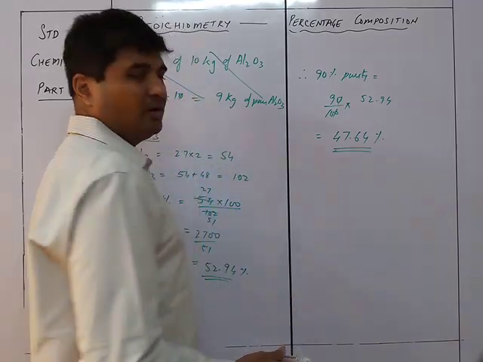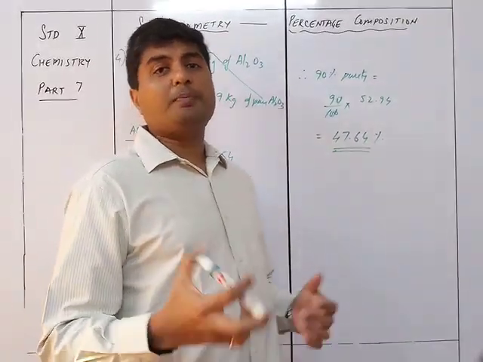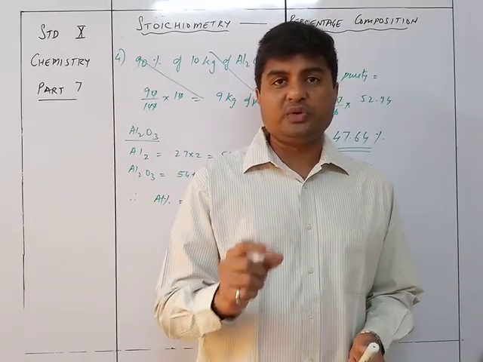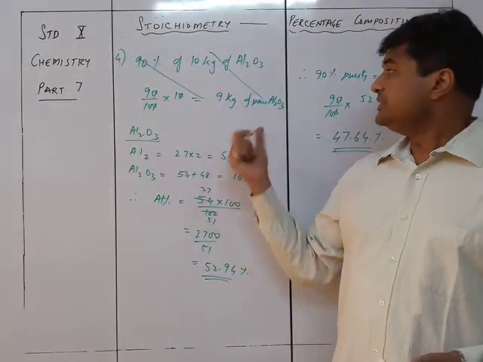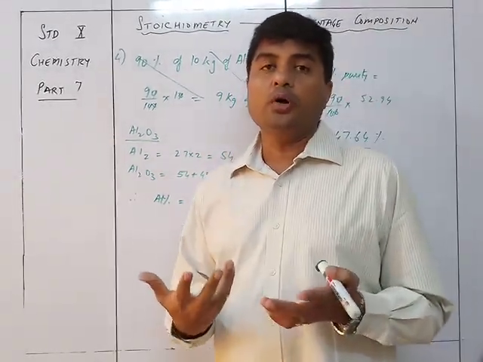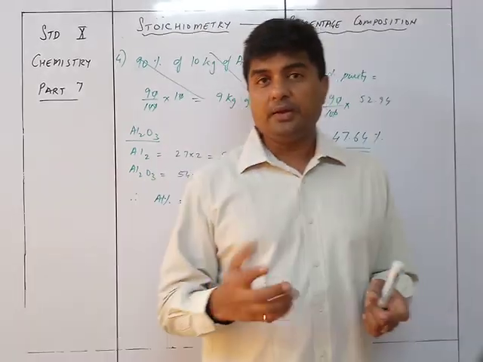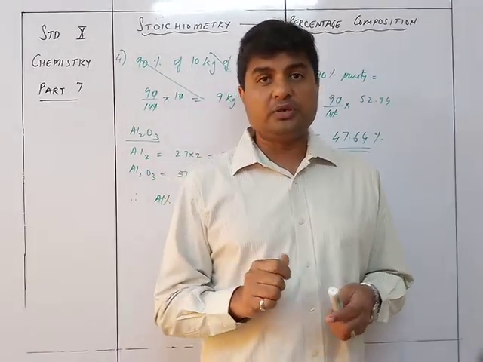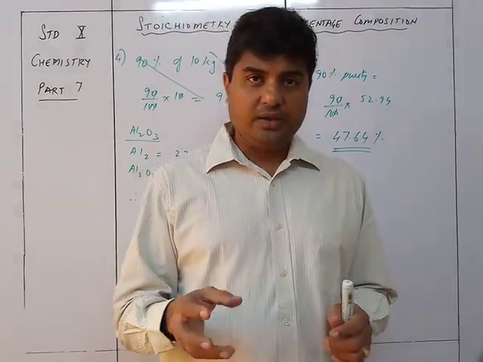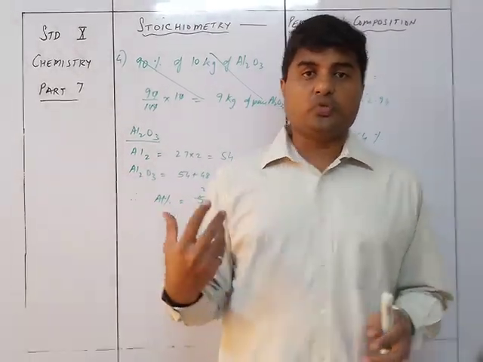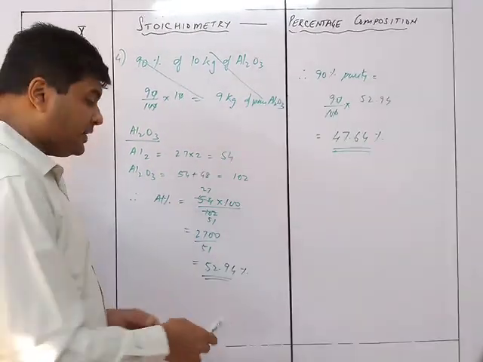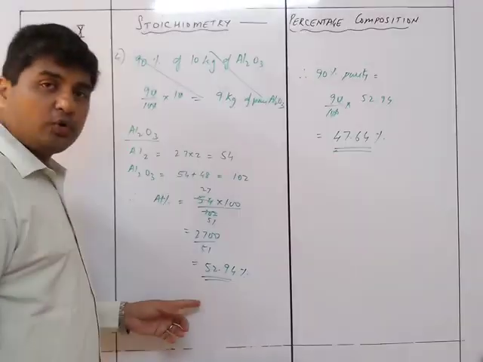Okay, we had to find the 90% purity later because we don't know how much part of the substance is there in Al2O3. See, when I took it like this, it is only if I want to find out the total quantity of aluminum present in it. I wanted a percentage composition. Now in percentage composition, the other components are added along with Al2O3. So if it were 100%, then the percentage of aluminum would be 52.94.